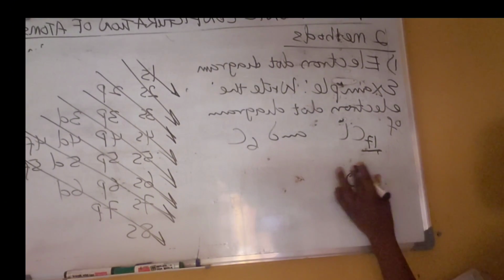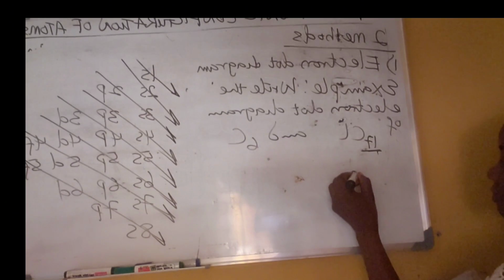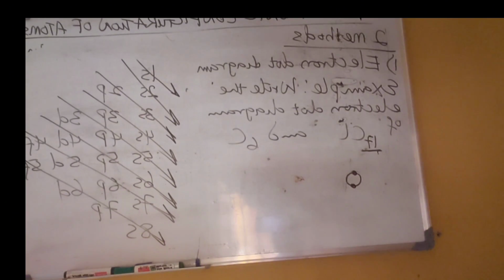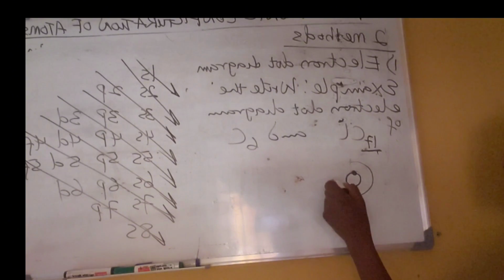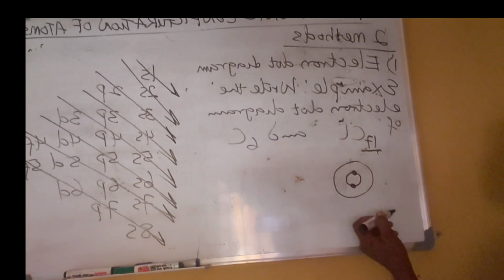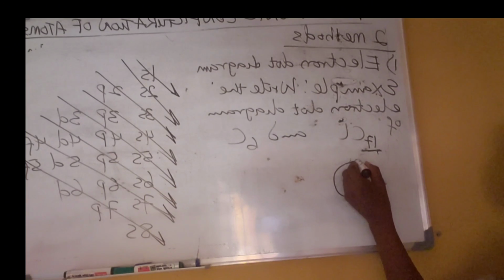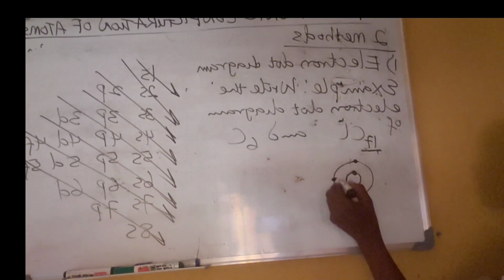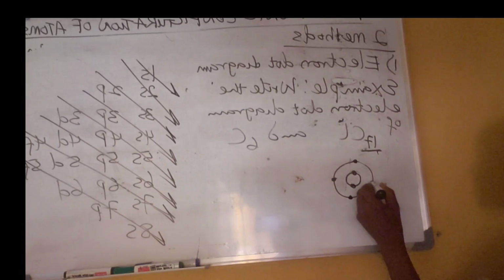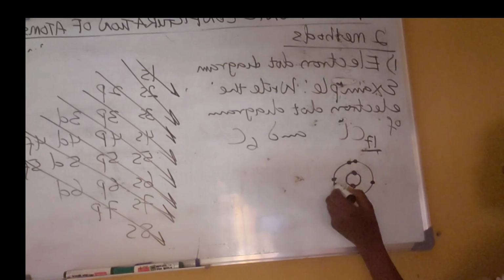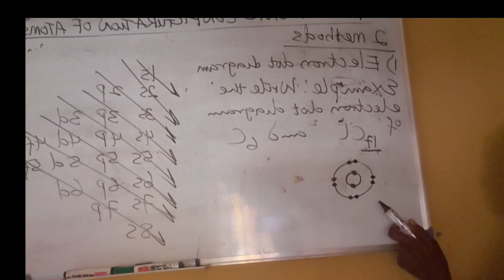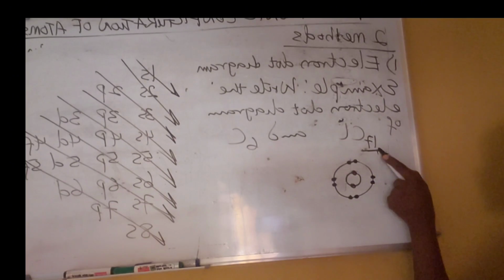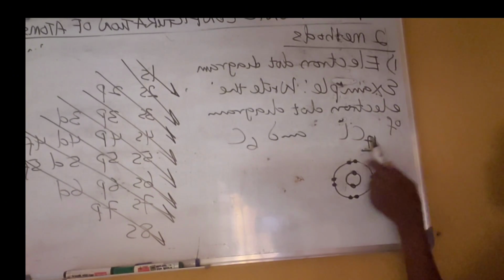Remember, the first shell can take a maximum of 2, so we give it 1, 2. The second shell will take 3, 4, 5, 6, 7, 8, 9, 10. So far we have shared 10 electrons out of 17, so we have 7 left.